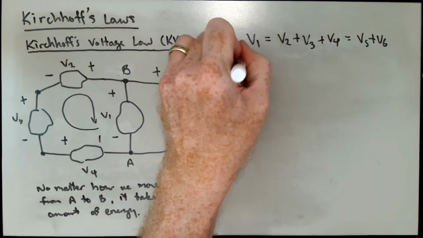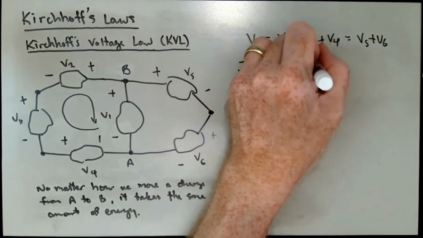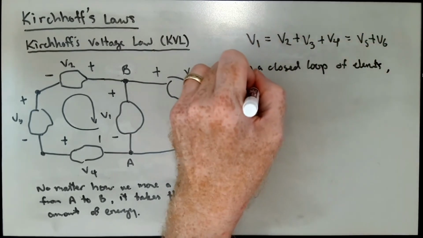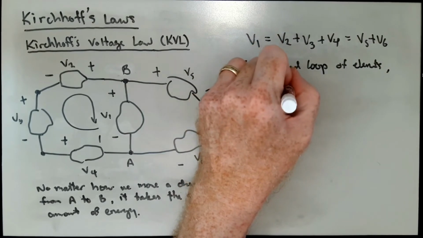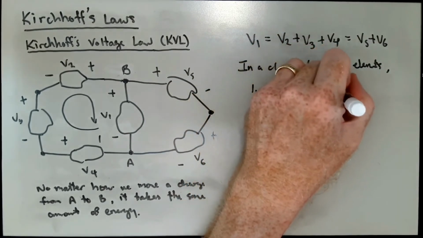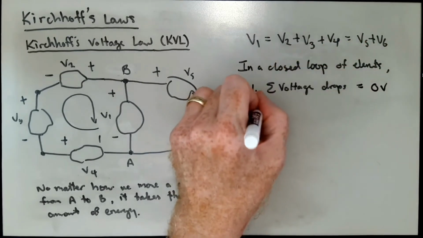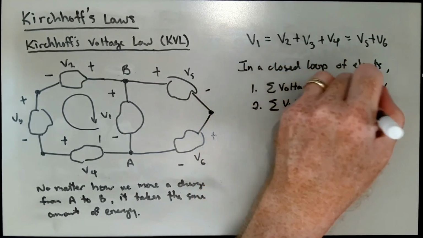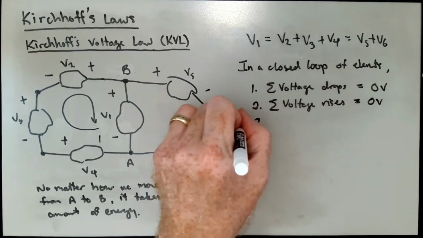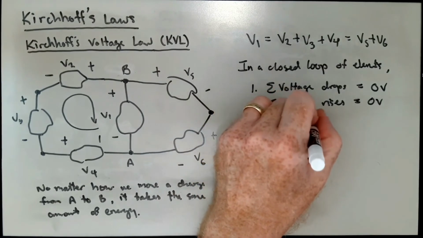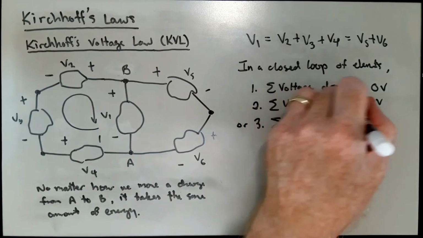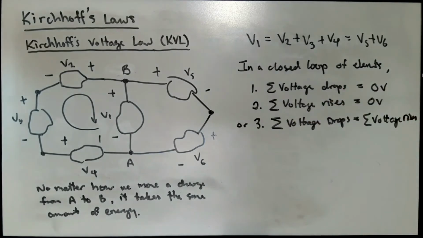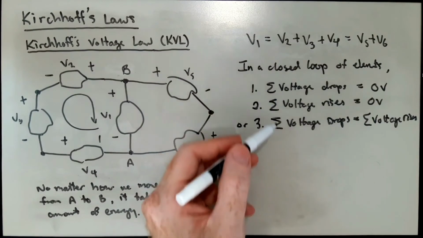So we can also say in a closed loop, 1, the sum of the voltage drops is 0, or 2, the sum of the voltage rises is 0, or 3, the sum of the voltage drops equals the sum of the voltage rises. And these three things all amount to the same statement.